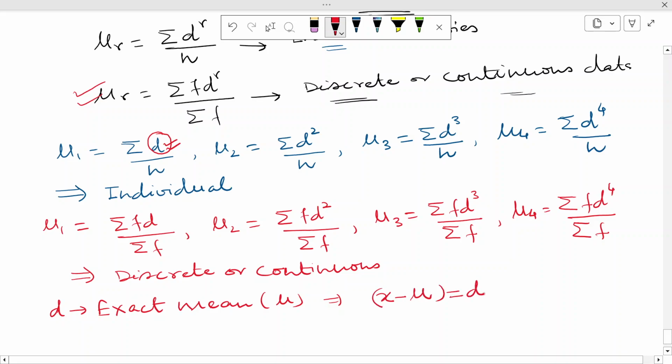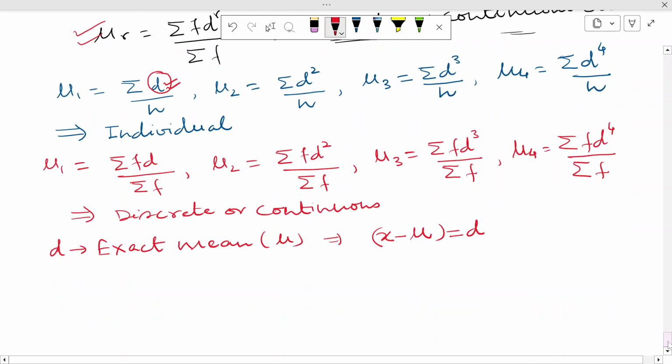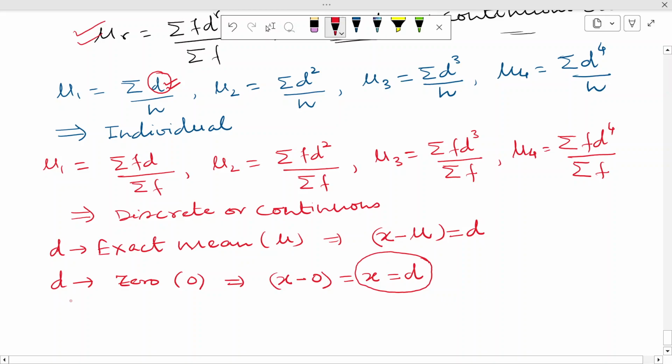This is your d, and this x will be the observations given in the data. Now you can also calculate this d from 0. In this case your d will be x minus 0, which is x, which equals d. So in this case our observations themselves will become d.